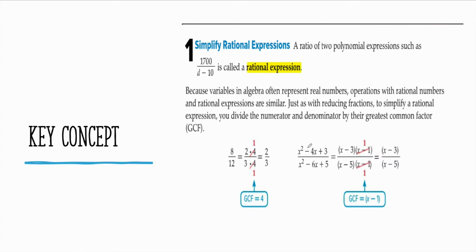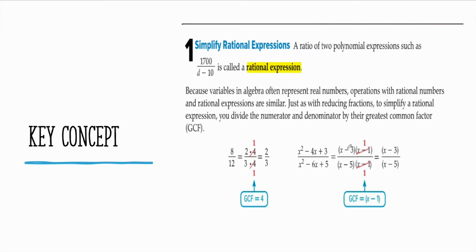Now, this is a rational expression. Why do we call it a rational expression? It's because, first of all, it's a fraction, and also we have variables. So we have a polynomial divided by another polynomial. We call this a rational expression. When we factorize this fraction, we find the factors x minus 3 and x minus 1, and then we have x minus 5 and x minus 1.